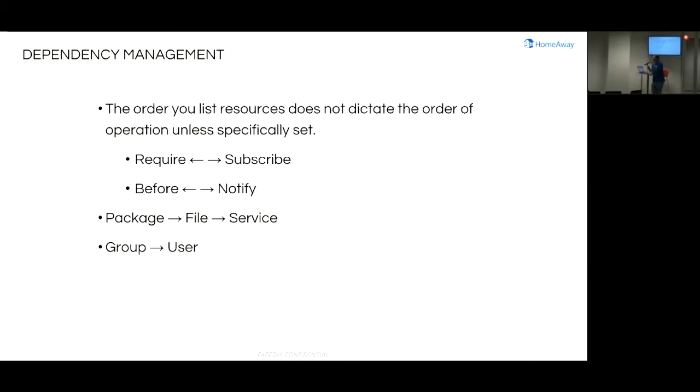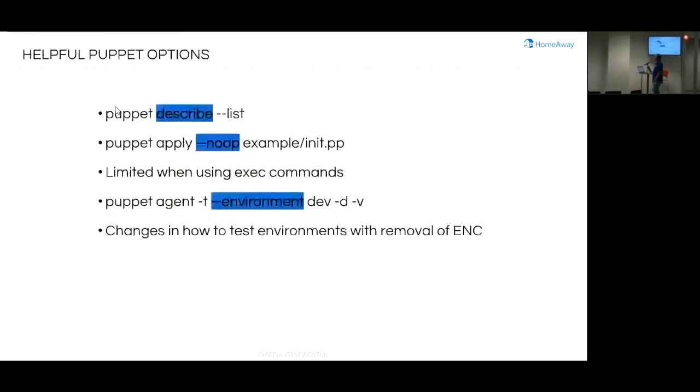Those are just ways I'm showing people how they could specify order where it may matter. If you're going to add a user to a group or things like that, it'll make an effort to create the group before you add the user to it, but you could have unexpected results if it isn't there. So that's something to keep in consideration when you're using Puppet.